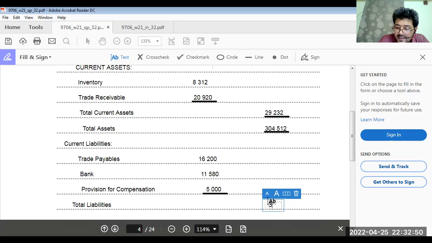Okay, 32,780 total current liability. Oh, sorry, I have to rectify. This is total current.